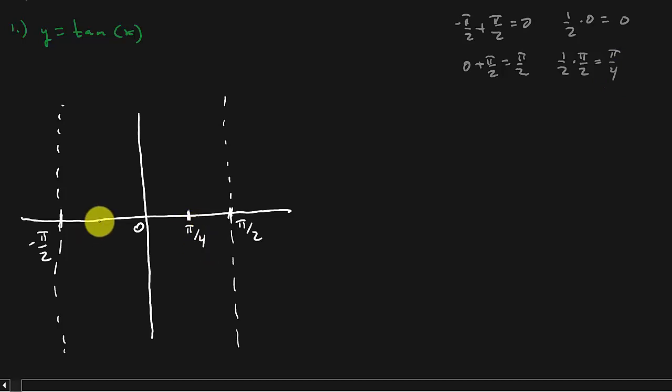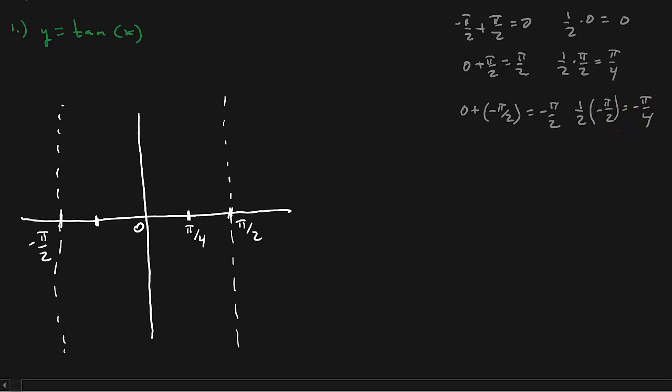And then we've got the one between 0 and negative pi over 2. We do 0 plus negative pi over 2 equals negative pi over 2, and then we half that, and that's negative pi over 4. So this would be negative pi over 4. That's drawing that on the x-axis.